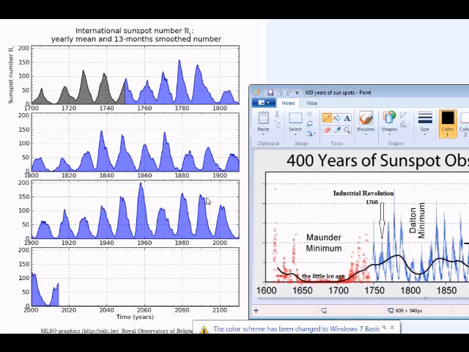Right, the last time that happened was just before the Dalton minimum, which was in the 1820s. You can see there was a large amount of sunspots and then a very large dip in the sunspot numbers, and we can see that here on the graph.